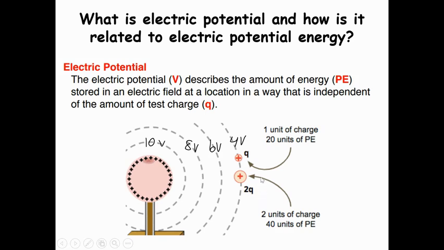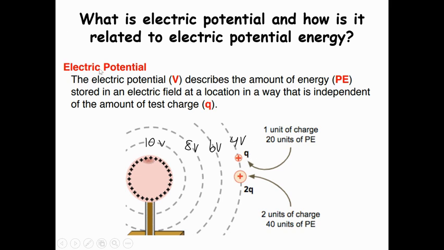If we measured the electric potential of both Q and 2Q, it would give us 4 volts, or 4 joules per coulomb. This is electric potential. Even though the 2Q charge has more potential energy, it has the same electric potential as the 1Q charge.